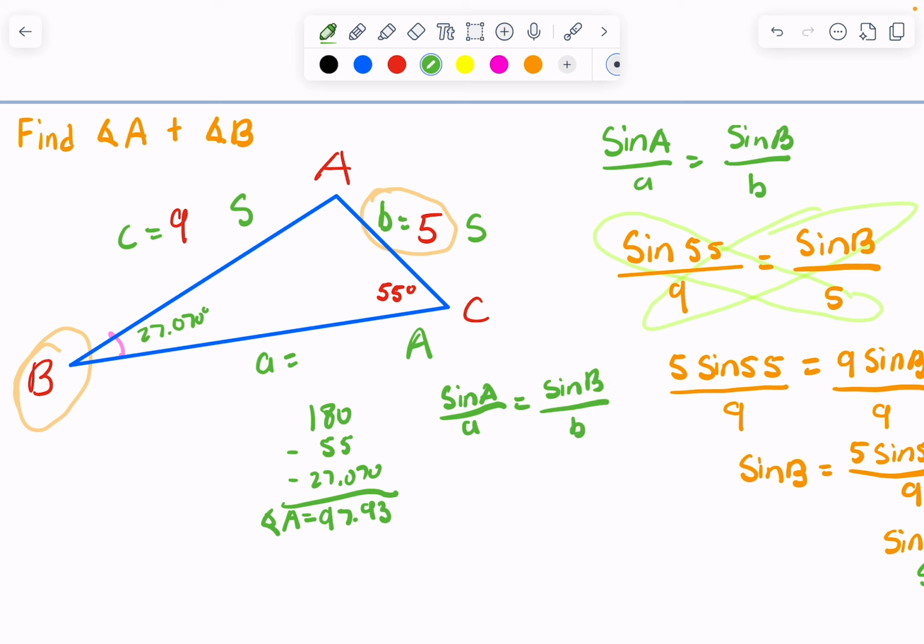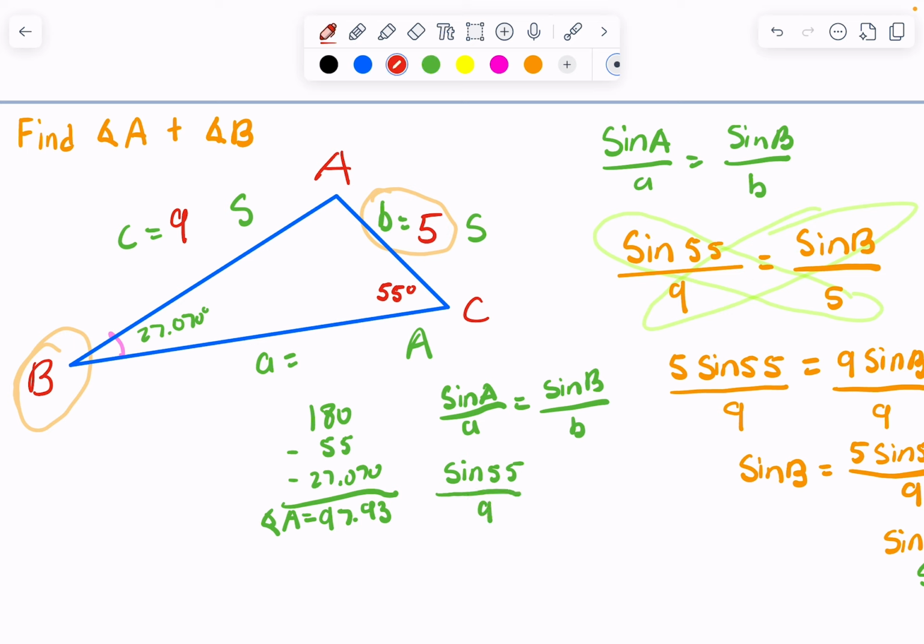You should always use what you're given to find another length or angle, because then rounding isn't a problem. If you round differently, it could change your answer. So our sine A over a will still be sine 55 over 9.